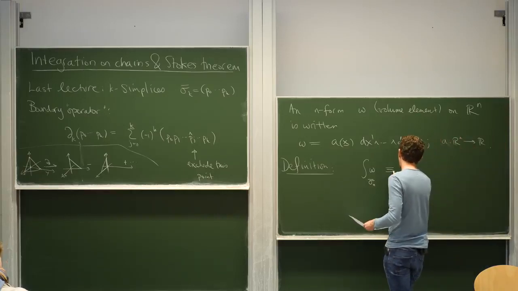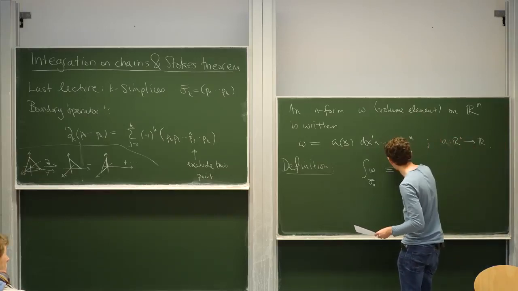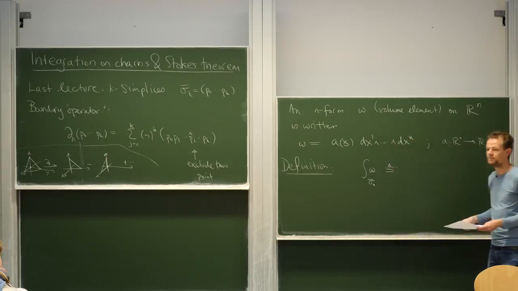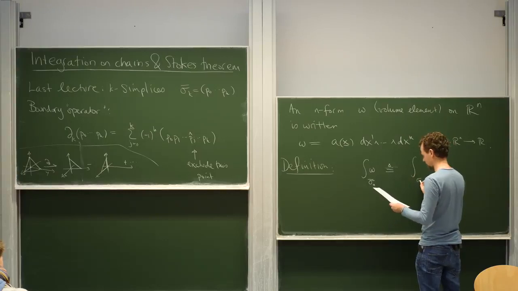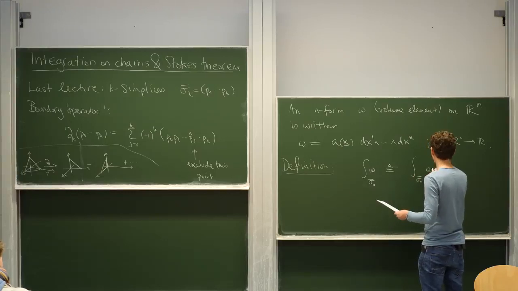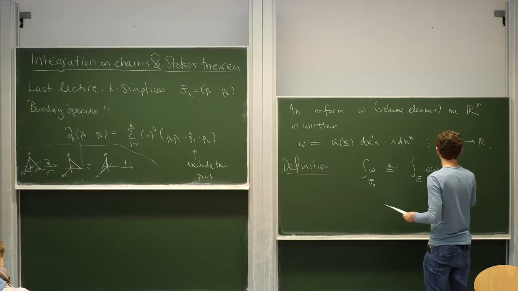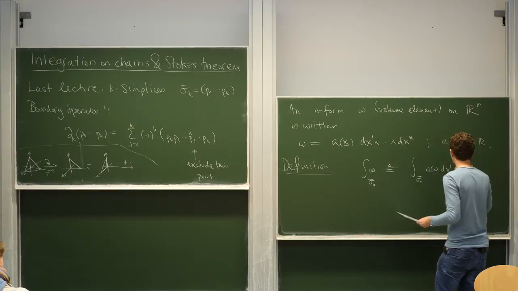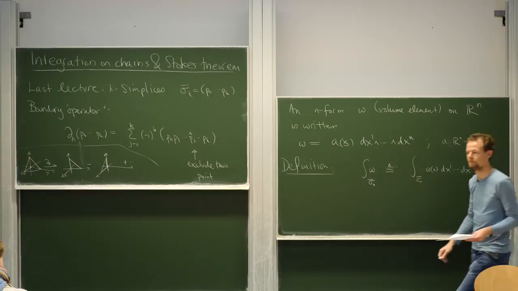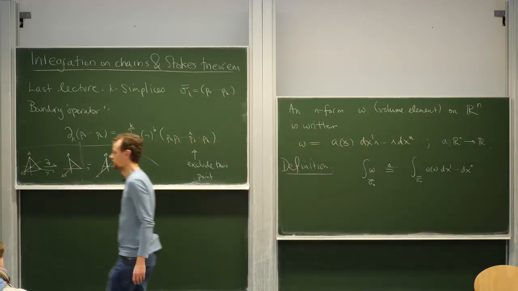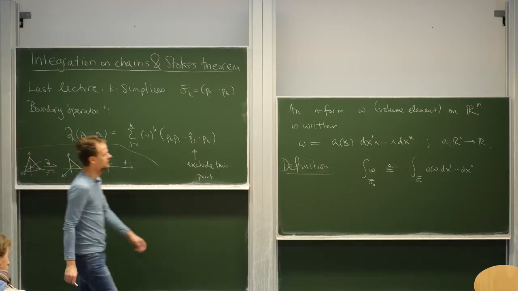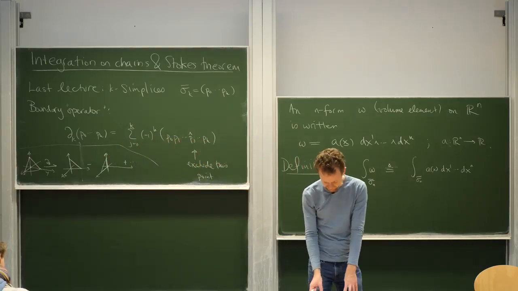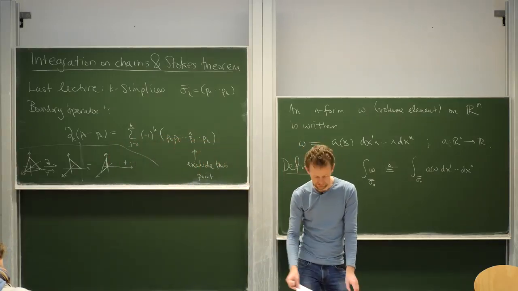Well, it's defined to be just the normal integral over the n simplex. Okay, that was easy. Right, so how hard can this be, right? How hard is it to integrate over simplices? The answer is not very hard.